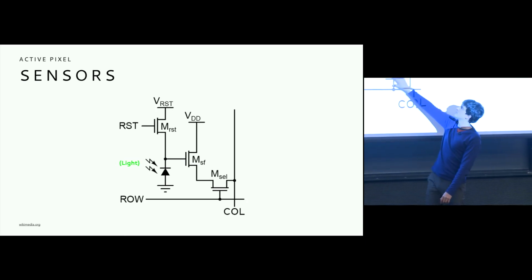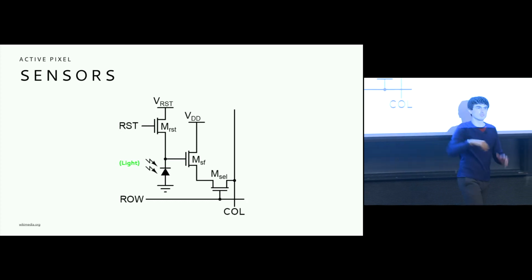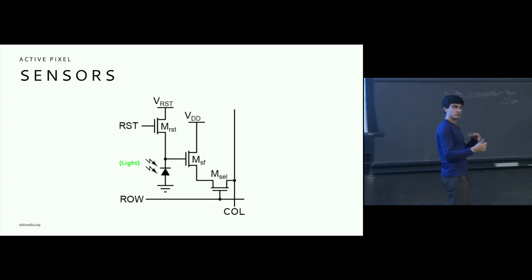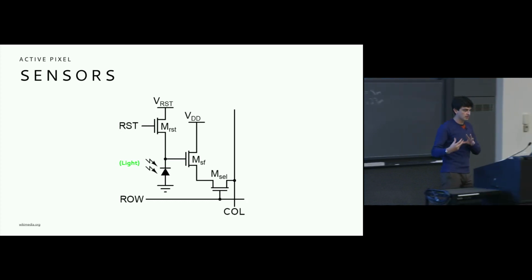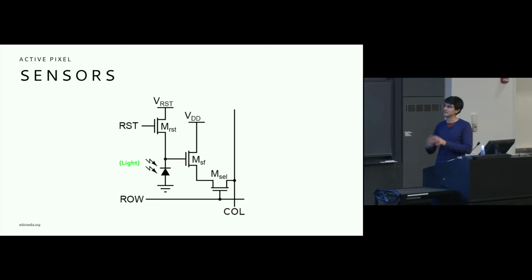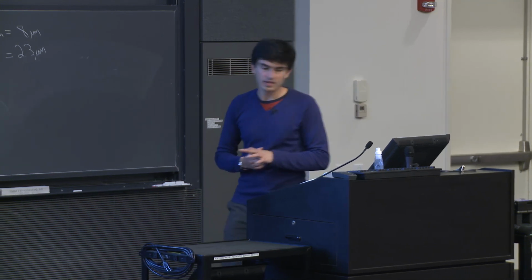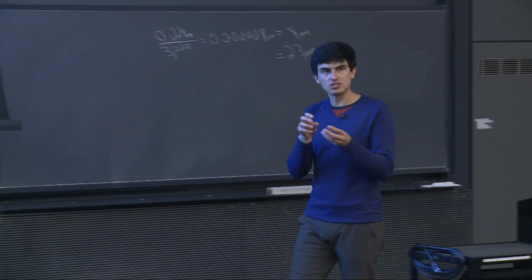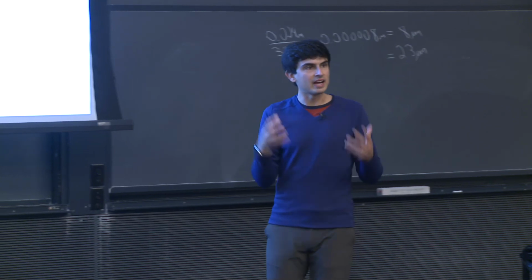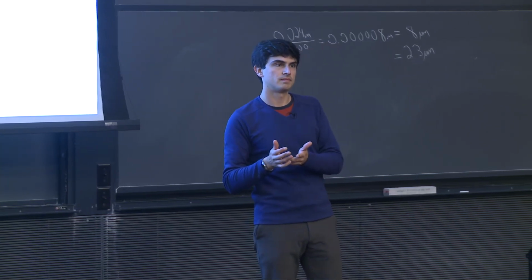We have space devoted to the transistors. We have space devoted to the connections between pixels and the electronics that actually read the data from those pixels. And what this actually means is that a very small percentage of the pixel site actually collects light.